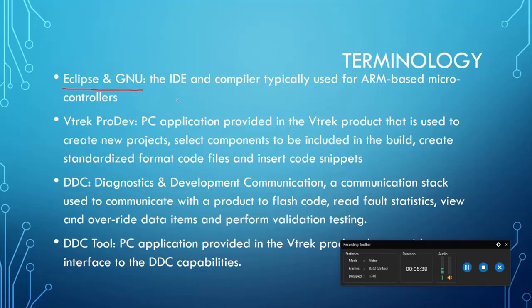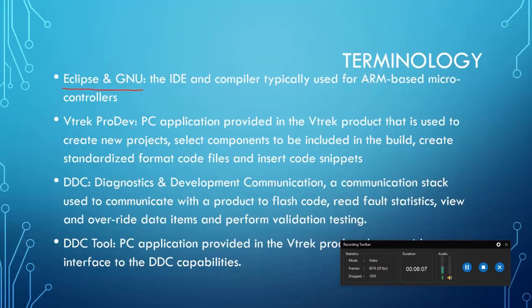It's the one that's typically used for ARM-based microcontroller development and builds. GNU is the free compiler for ARM-based, and our tools are really built to some extent around Eclipse. So if you're using a different product for your IDE, there may be some functionality in the ProDev tool that's not going to support your IDE.